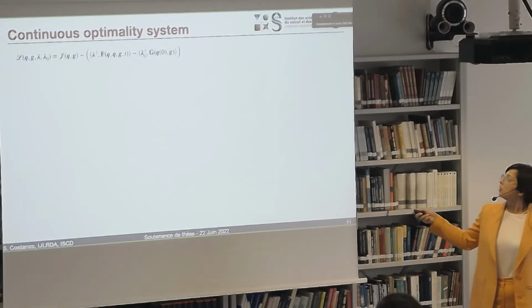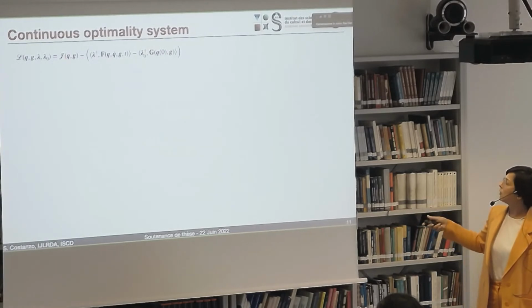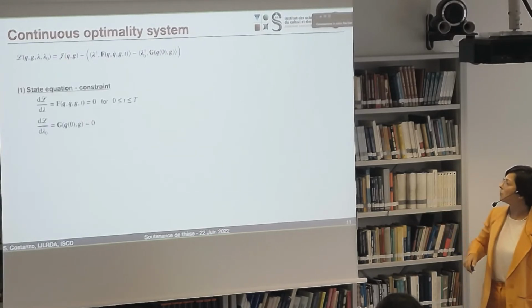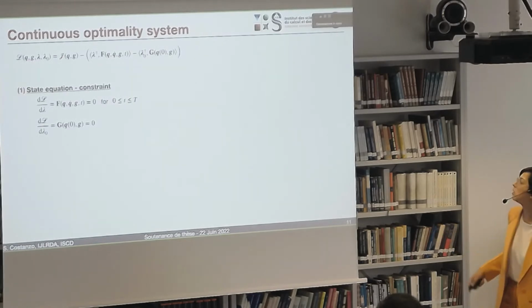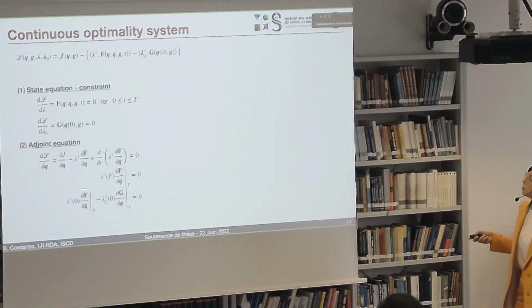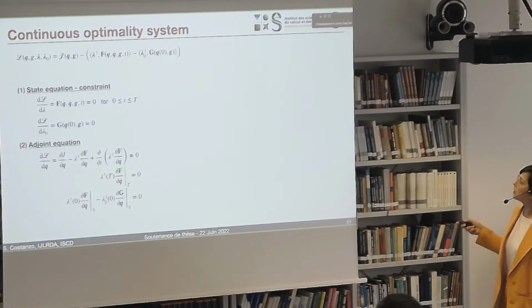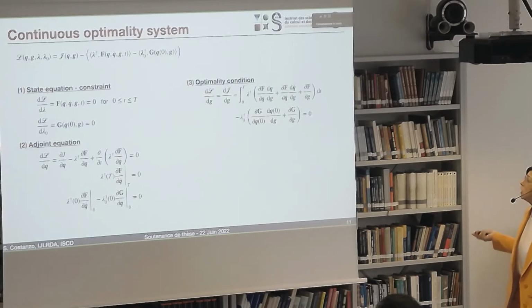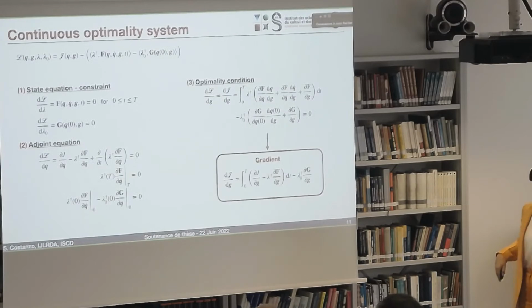So we do the derivatives with respect to the three variables. First, we derive with respect to the adjoint variables, and we get our state equation, or the constraint. We derive with respect to the state variable, and we get the adjoint equation. And when we derive with respect to the control parameters, we get the optimality condition that is set to 0 and can be reformulated to get the gradient.